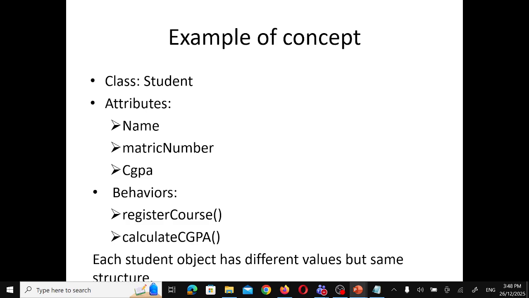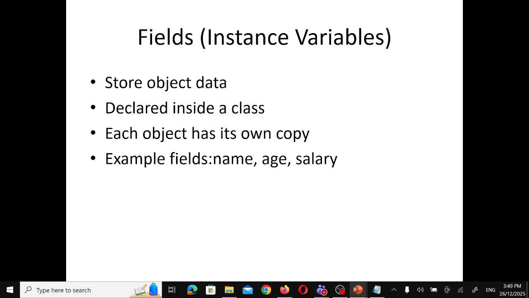Under this class, it contains some attributes, which are your fields, such as name, matric number, CGPA, and it can contain actions such as register course and calculate CGPA. In this case, each student object has different values but the same structure.